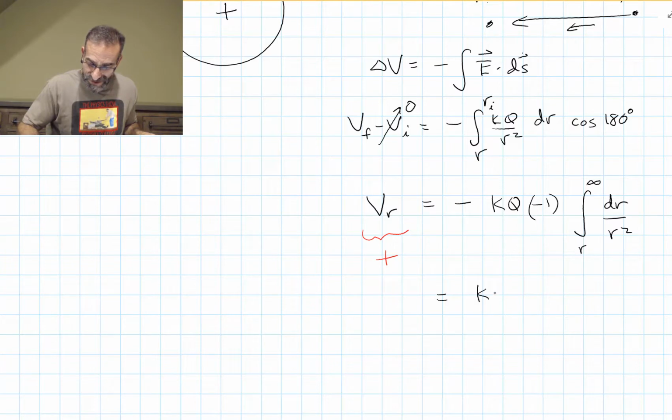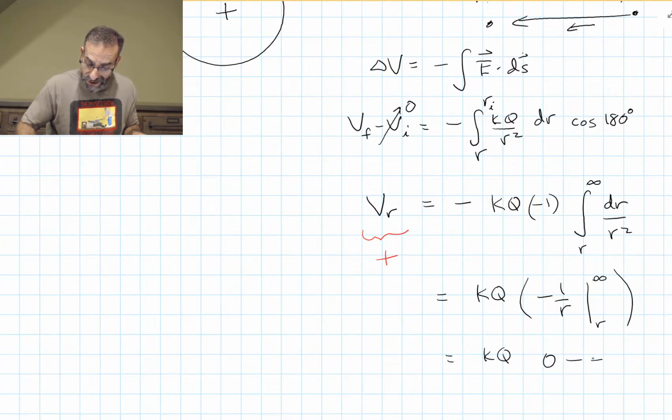The minus signs here cancel out. I have a k, a q. Integral of 1 over r squared is negative 1 over r. And I am integrating from any r to infinity. That would be 0 minus a negative 1 over r.